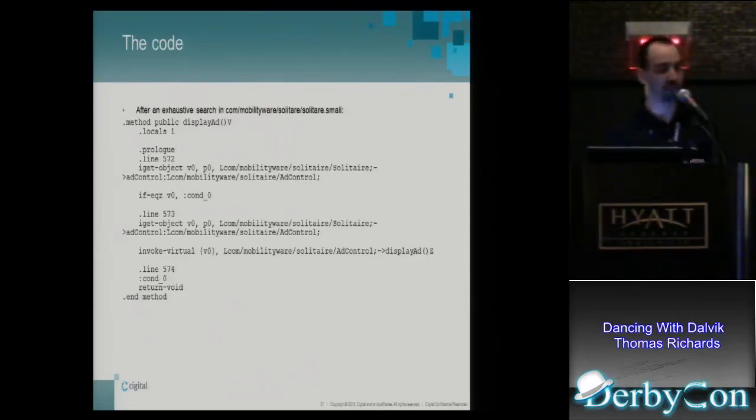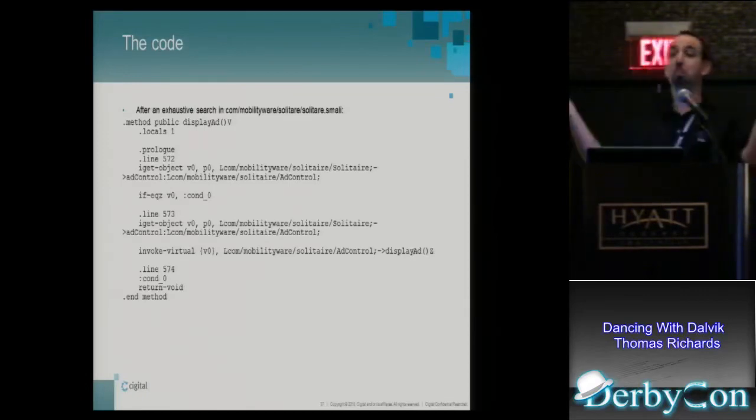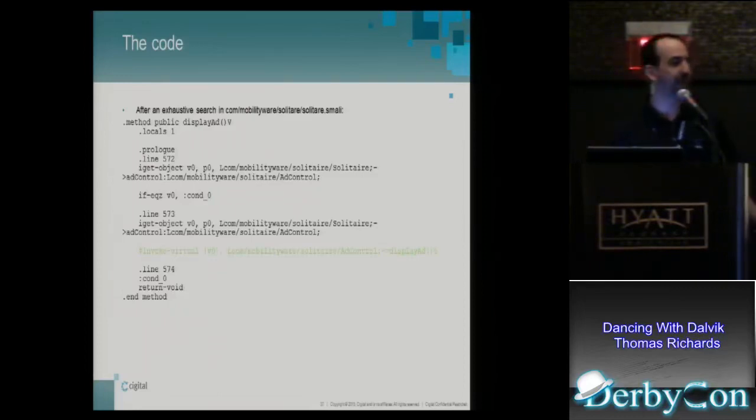After an extensive search, I found this piece of the code in one of the small files and it was calling a nice function called display ad. Wonder what that does. Hooray, descriptive function names. So let's just comment that out, right? It's not going to call the ad function at all. So you put a pound sign in front of it and it turns into a comment, right?